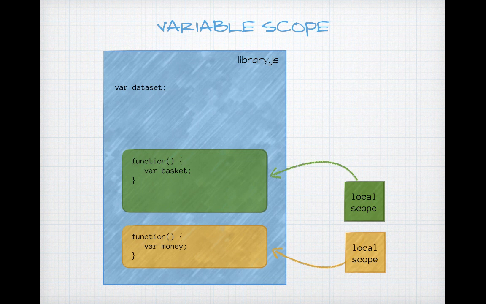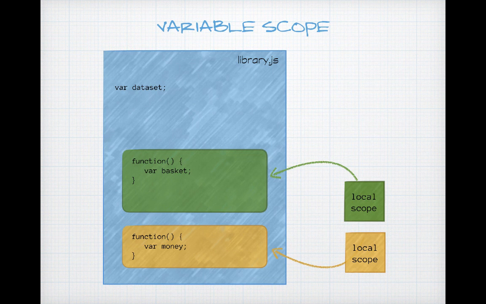So basket is scoped locally to the green function, and so I can only see it and use it when I am inside the green function. Money is locally scoped to the yellow function. So I can only assign to it or read from it when I happen to be executing the yellow function.